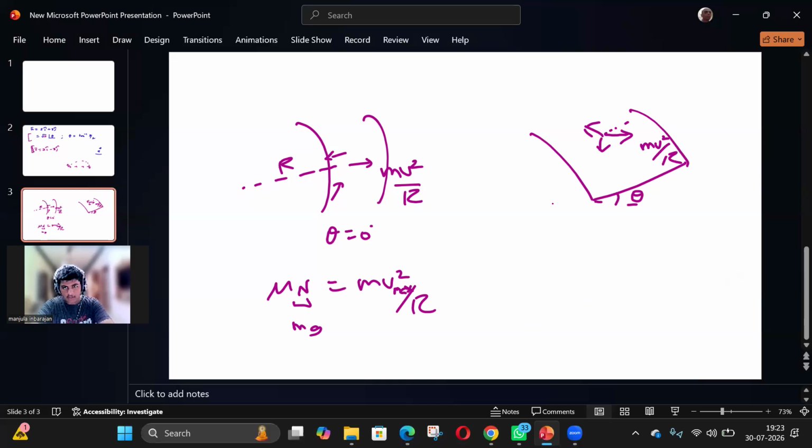Here in this case, the normal reaction will be mg cos theta, because along the inclined plane, mg sin theta is downwards along the plane. Perpendicular is mg cos theta plus mv square by r sin theta. That will also have a normal component, because mv square by r is radially outward and horizontal.